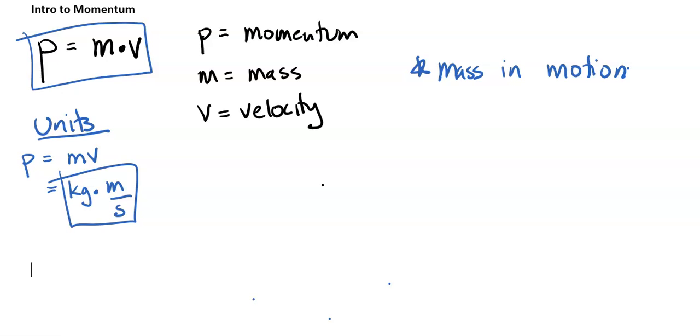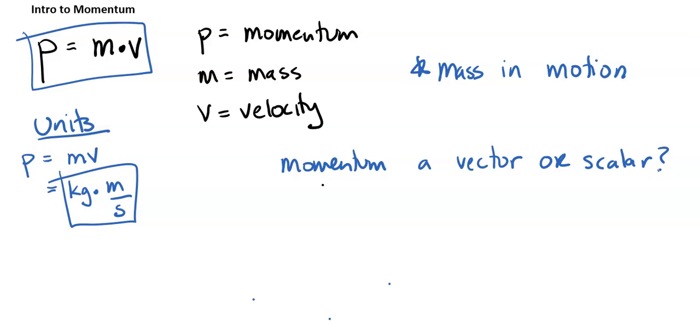One last thing I want you to think about: is momentum a vector or a scalar? Okay, so let's think about this. Momentum is associated with velocity, and velocity has both a speed and direction. We know vectors have both a magnitude, which is a size, and a direction.